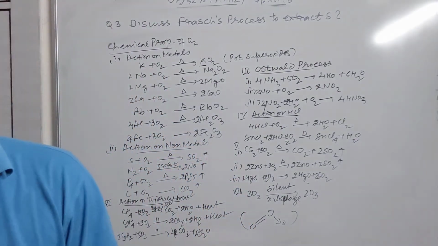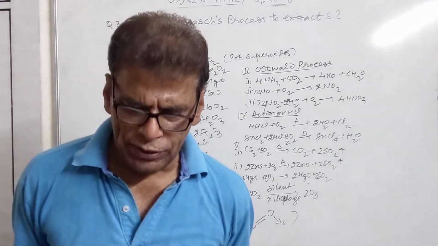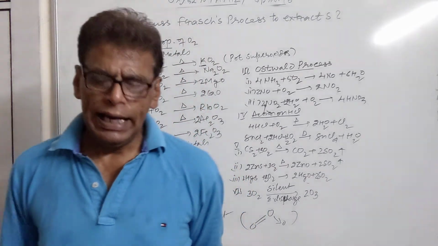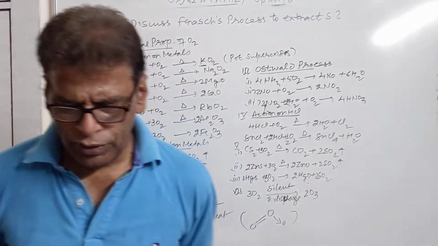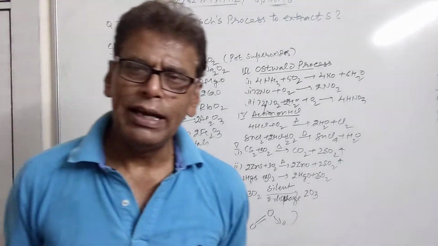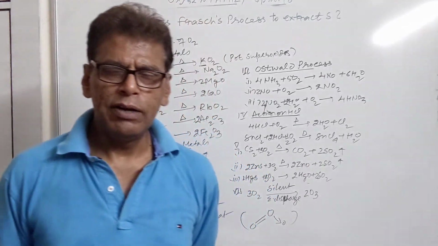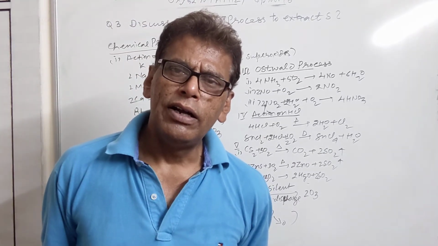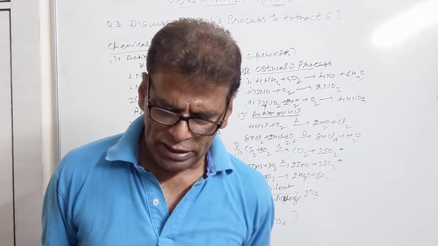Then we have the uses of oxygen. It is used in the oxyhydrogen flame. It is used in the acetylene torches, which are used for cutting and welding of metals. It is used in metallurgical processes. It is used in artificial respiration, in ventilators.